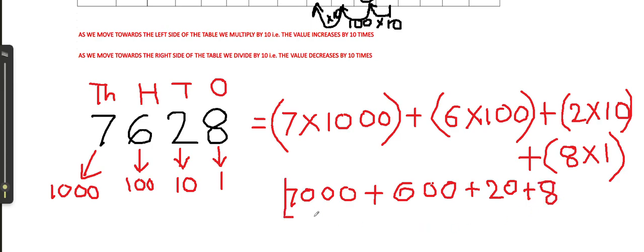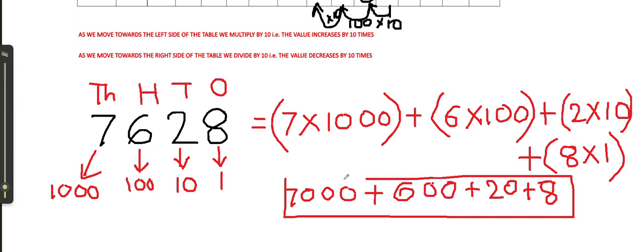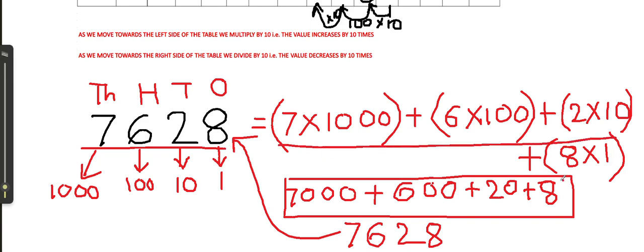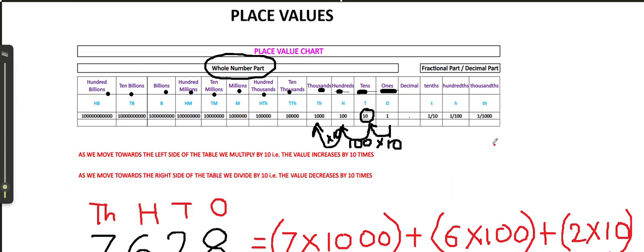If you add up all these numbers, you will find that the final answer is 7628, and thereby we come back to the same answer. So this is the whole number part. I am stretching it from the thousands to the ones place, and we come back to the same final answer.